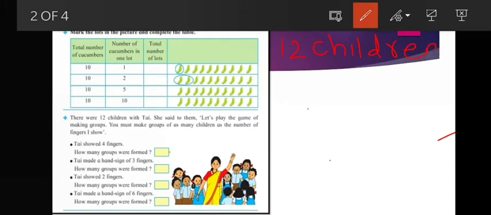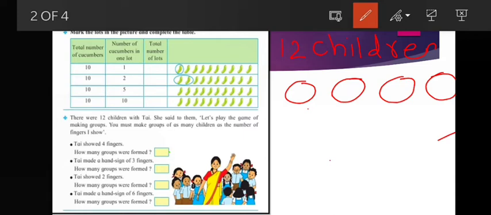She said, let's play the game of making groups. You must make groups as many fingers as the number of fingers I show. So she showed 4 fingers. First she showed how many fingers? 4 fingers. So 1, 2, 3, 4. It means they have to make 4 groups.